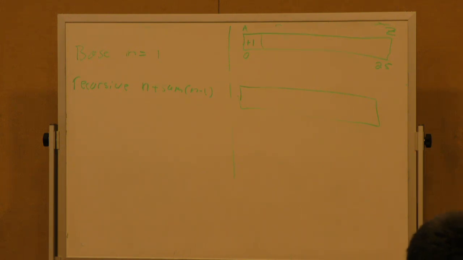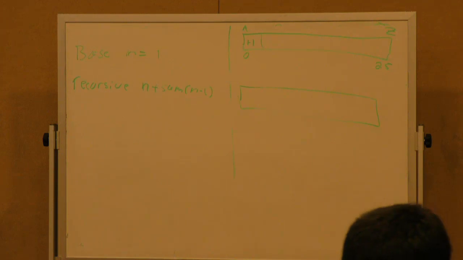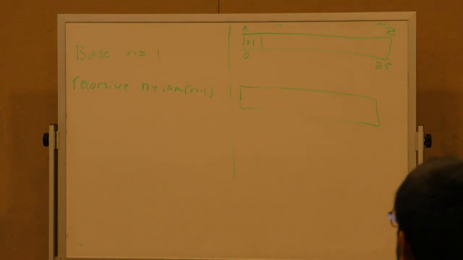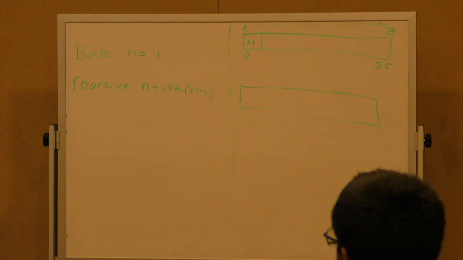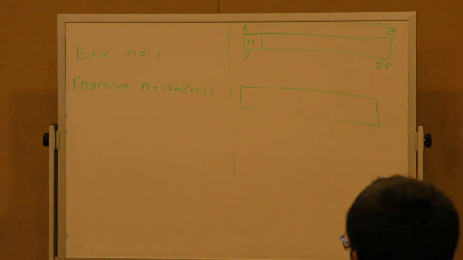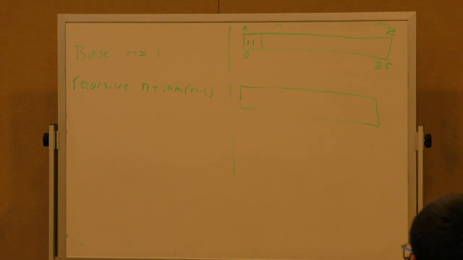So I'm going to write our function prototype. It will be an integer, sum, and it takes one parameter, and that parameter will be n.